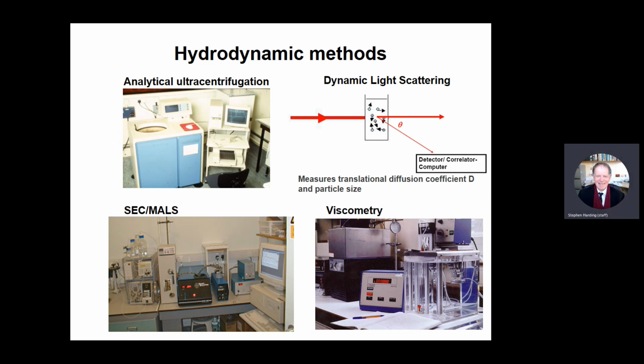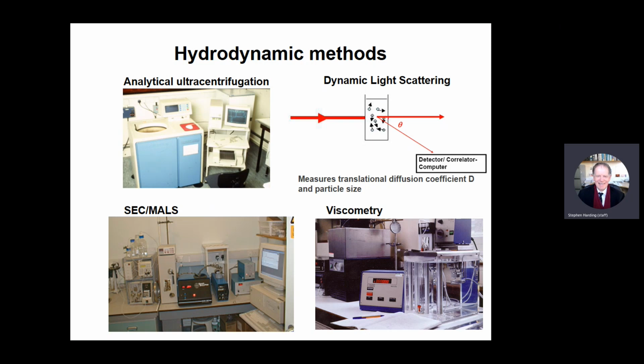Too rapid for the eye to see. There's the microsecond, nanosecond types of fluctuations, but the correlator can pick this up, and by comparing the change in intensity with a reference time, we get what's called autocorrelation plots.